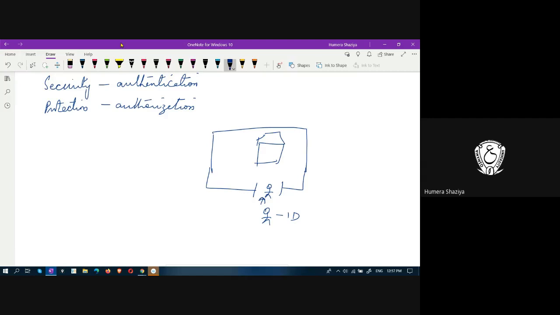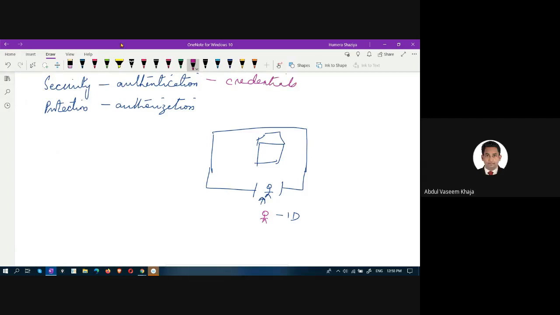If I am claiming that I am the student of this college, I have to prove that I am the student. That is authentication. It could be a user credential, for example, entering any system. This authentication is user credentials, what you enter, username and password.